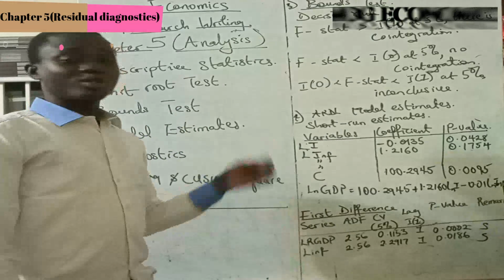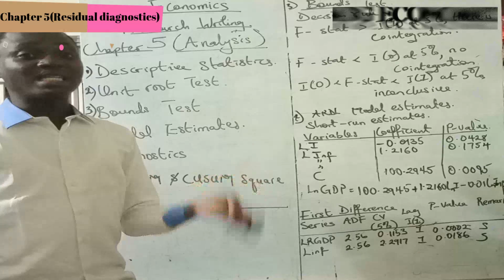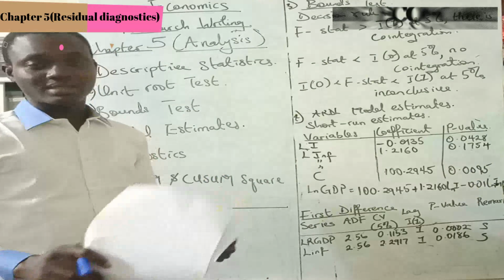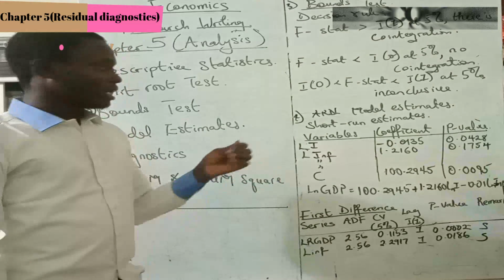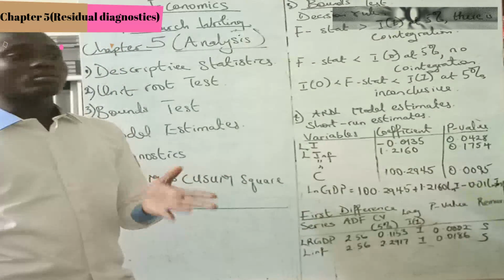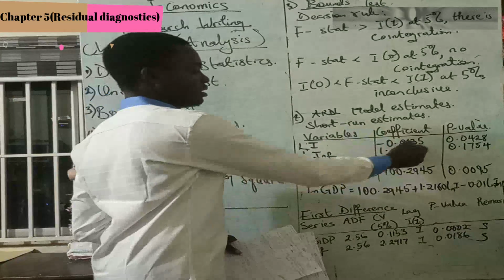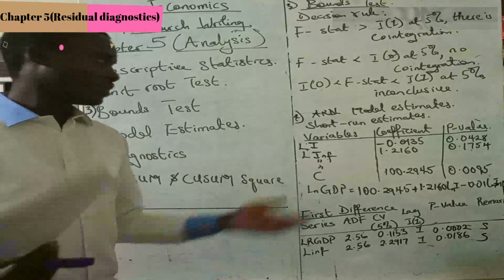But what you really need are the unique coefficients of your independent variables, and their p-values to tell if they are statistically significant or not. You also need the standard error. Some people put the standard error in brackets underneath the coefficients.